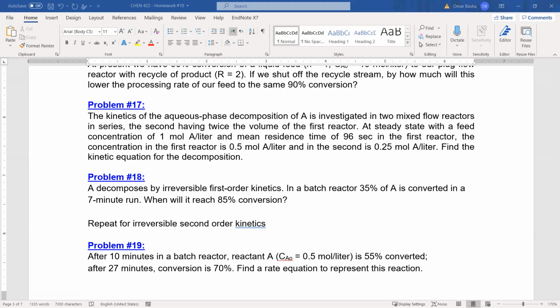At steady state, with a feed concentration of 1 mole of A per liter and mean residence time of 96 seconds in the first reactor, concentration is 0.5, and in the second reactor is 0.25. Find the kinetic equation for the decomposition. So I'm given two CSTRs, I'm given all the concentrations, I'm given all the residence times, and I need to find k, basically, right?